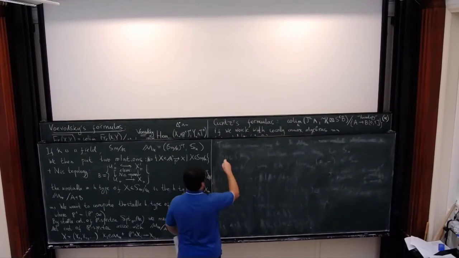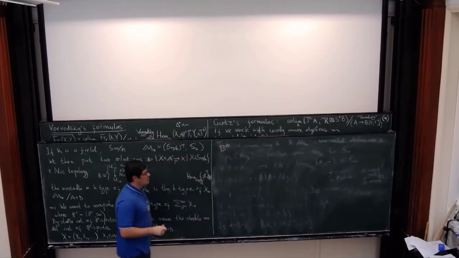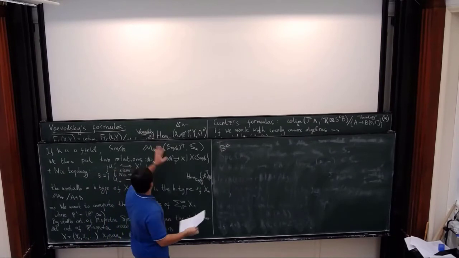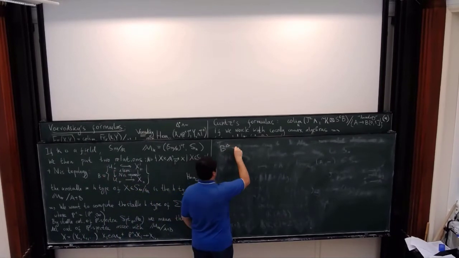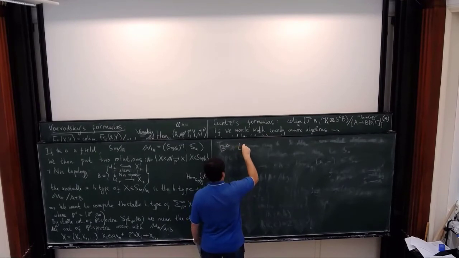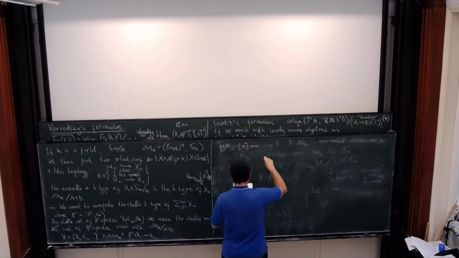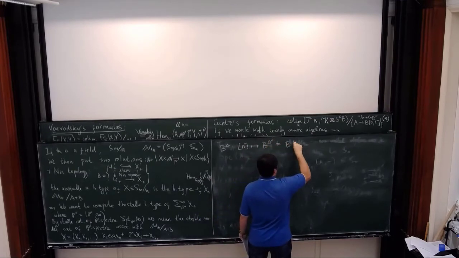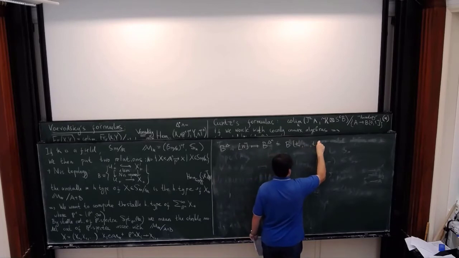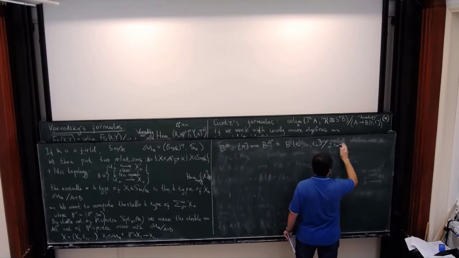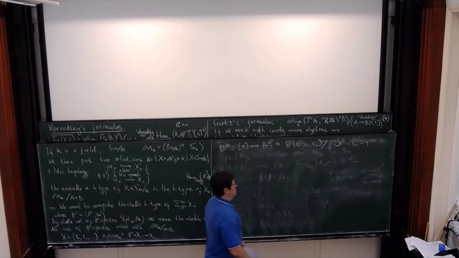So first, let me start with a typical simplicial algebra, which is typical for both sides. It is the simplicial algebra taking n simplices to the following algebra: B delta n is polynomials in n plus 1 variables modulo this relation.